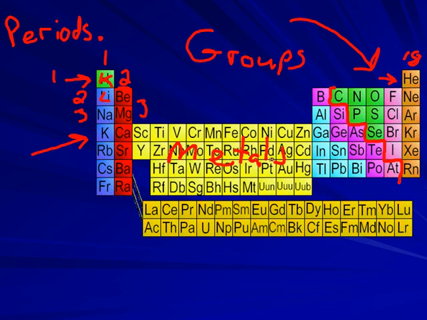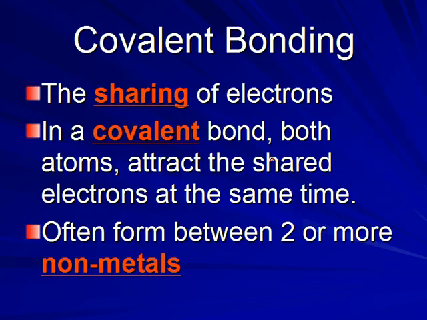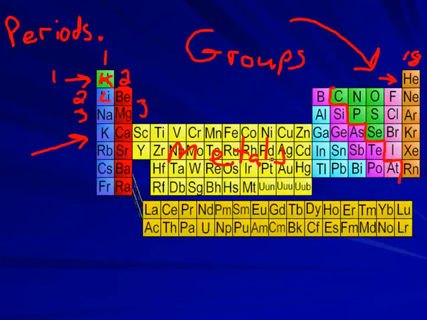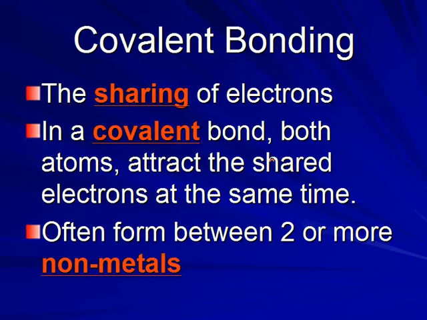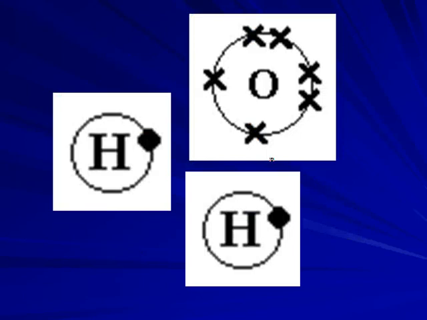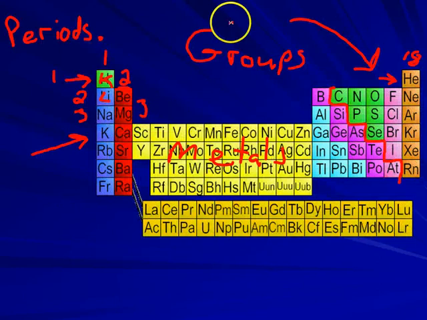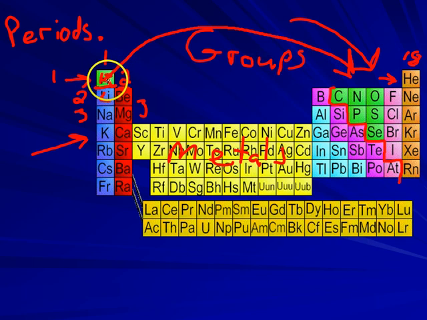So when we take a look at covalent bonds, it's 2 or more nonmetals, so it's going to be things over here. And one of the reasons why covalent bonding is a sharing of electrons is because they require just a few electrons to be completed. One common example of that here you see is hydrogen and oxygen. Now if we back up, one thing I do want to point out is hydrogen over here is actually considered to be a nonmetal.